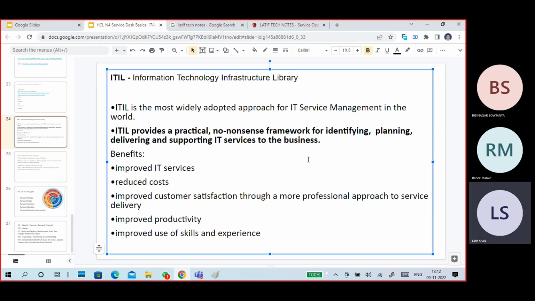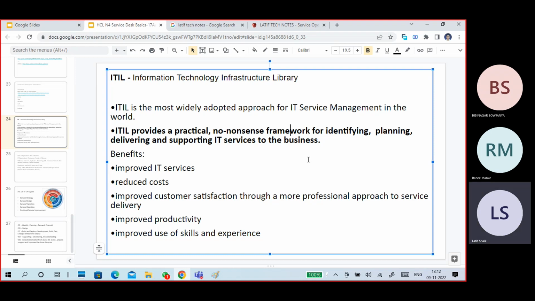It is like a template, or a defining structure: this should be arranged like this. That is the default framework. No-nonsense means it is not a nonsense one, a meaningful framework that we can easily follow. Practically, we can apply this ITIL way on the IT business.